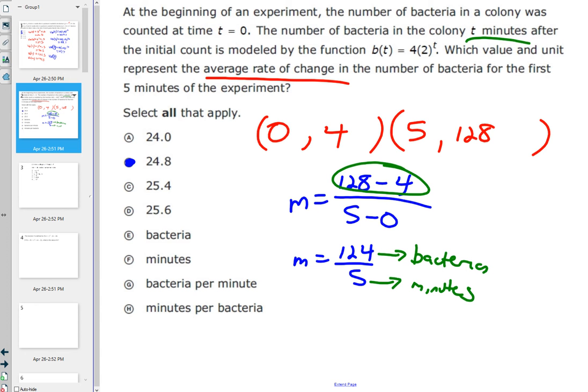So the unit here is going to be bacteria per minute. So 24.8 bacteria per minute. Bacteria on top, minutes on the bottom. Any questions?